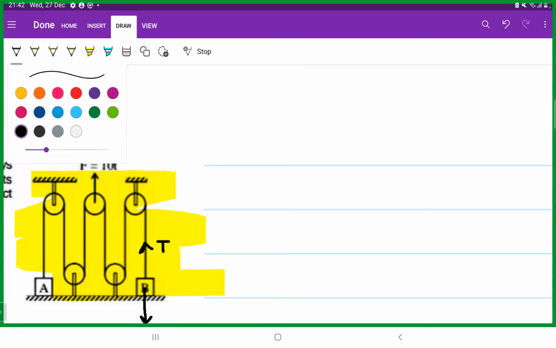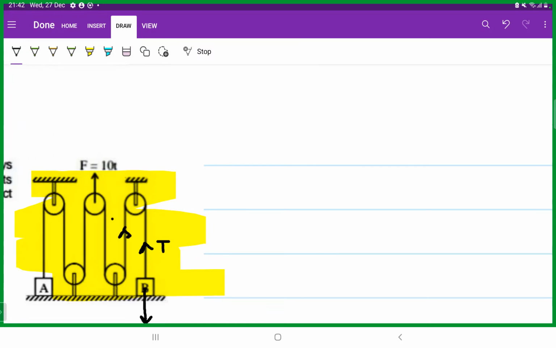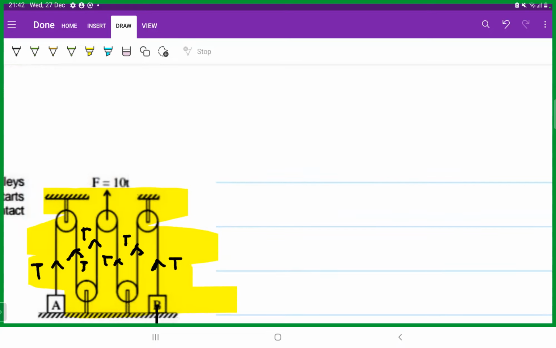So we have got a tension here, here, and here. Since the strings are massless, the tension will be the same everywhere. I hope you know this concept. Now let's look at what this force can be.